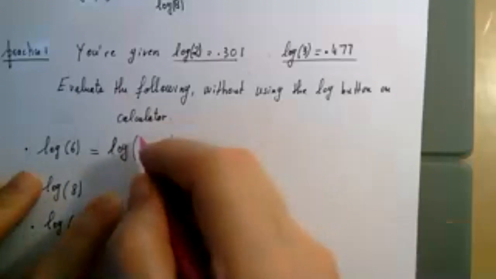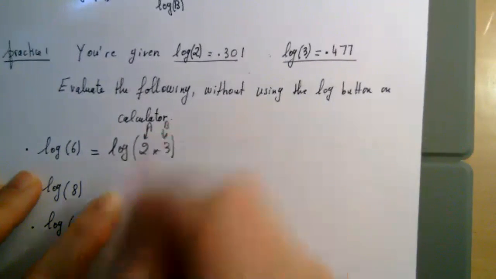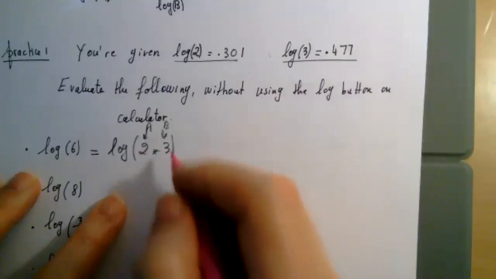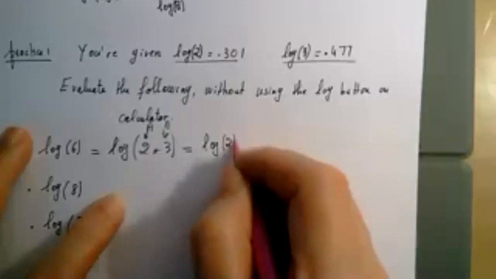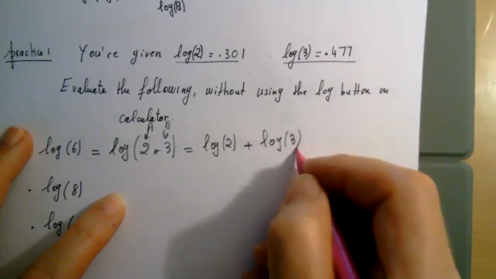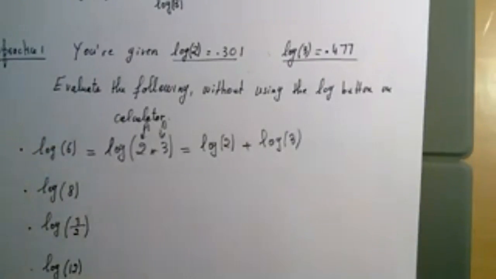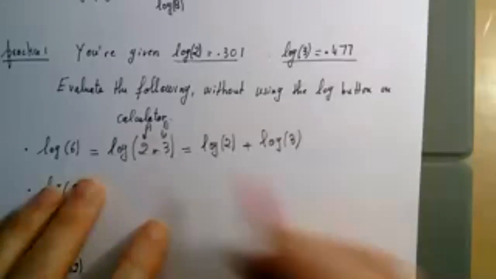That's what 6 is. So as you said, I will take this to be A and this to be B. And this is going to become log of 2 plus the log of 3. So now I can compute that without actually having to hit the log button.